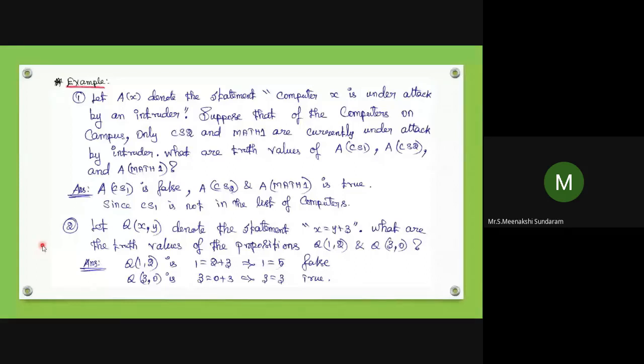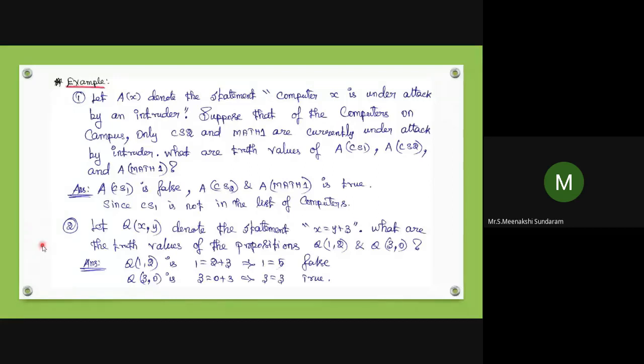Suppose that of the computers on the campus, only CS2 and Max 1 are currently under attack by the intruder. What are the truth values of A(x)? In place of x, I can give a value, and that becomes a proposition. The predicate I can convert into a proposition by specifying the value of x: CS1, that is system 1, CS2, that is system 2.